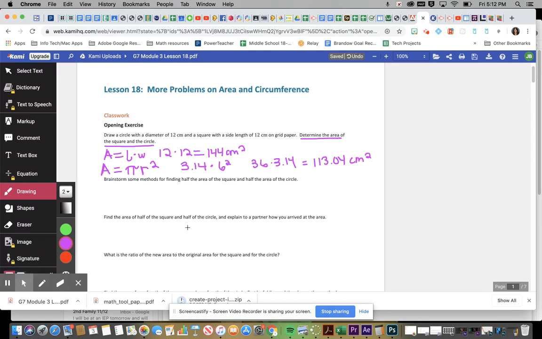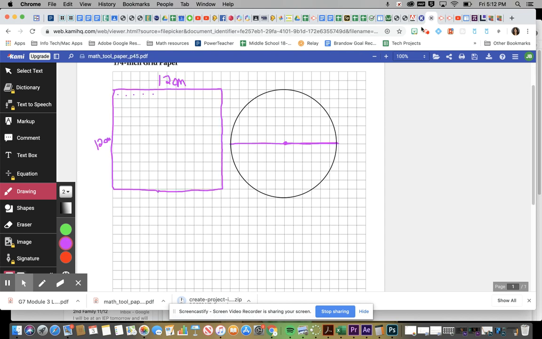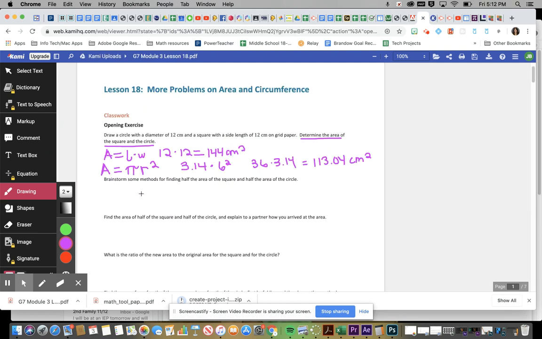Okay. We have to brainstorm some methods for finding half the area of the square and half the area of the circle. Well, if I had this on paper, I could just cut it in half, fold it in half, and then count all the squares that were on that half. Same thing here with the circle. But I think it would be easier to, if I know it's half of something, I just have to cut that in 2 or divide by 2.